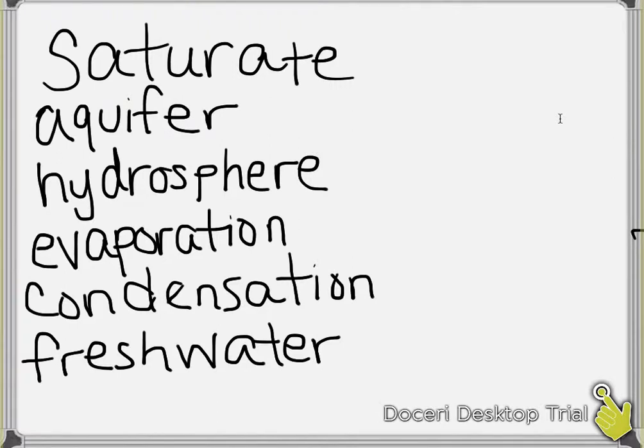When you have all these, look up so I know I can erase this and move on to another blank screen. Is everyone good? We're good now? We then have groundwater.